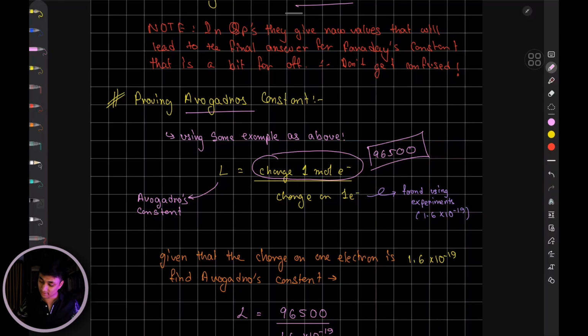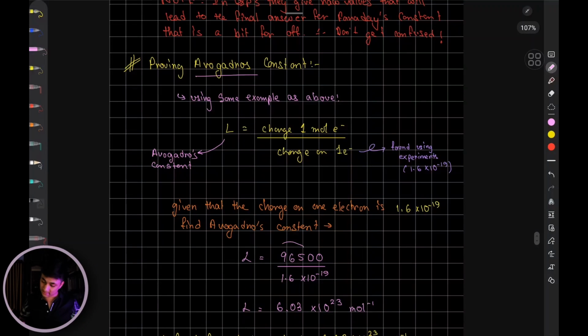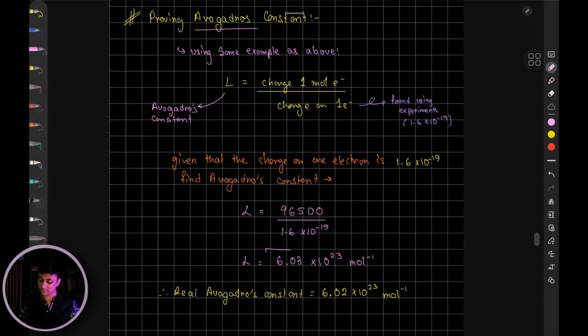Okay, fair enough. So you'll divide 96,500 by the charge on 1 electron that is given to you in the data booklet, and you'll find the Avogadro's constant.